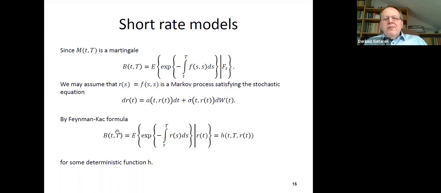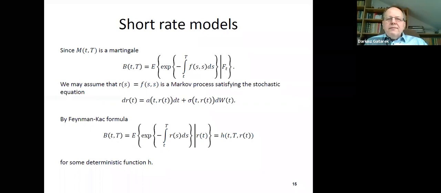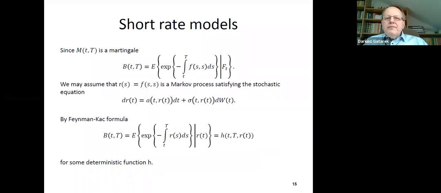So if we know the price of all bonds, we know, of course, all the zero coupon bonds, swap rates, forward Libor rates, and so on, because as I told you in the beginning, the zero coupon bond price is a building block for all financial quantities.